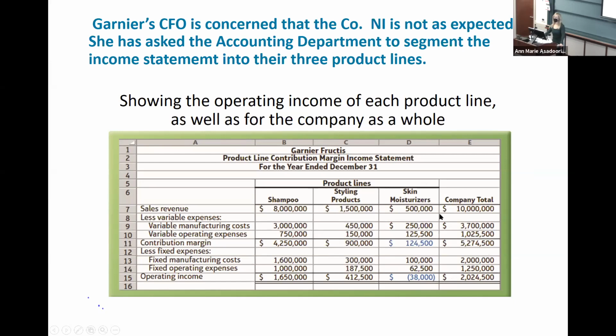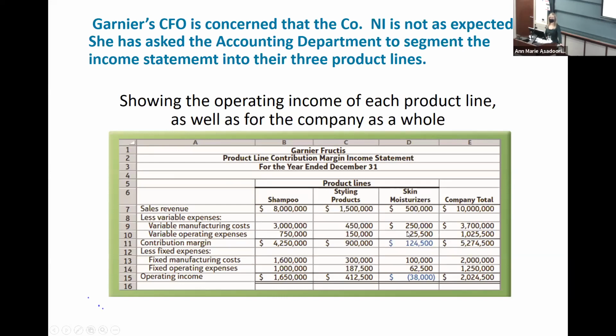So what you're going to do is you're going to say, if I end up dropping skin moisturizers, what am I going to lose? So you know sales will go away, but you also know that these variable dollars are being caused by those sales dollars, which is why I can start with margin. If I get rid of skin moisturizer, this product is bringing in a margin of $124,500.